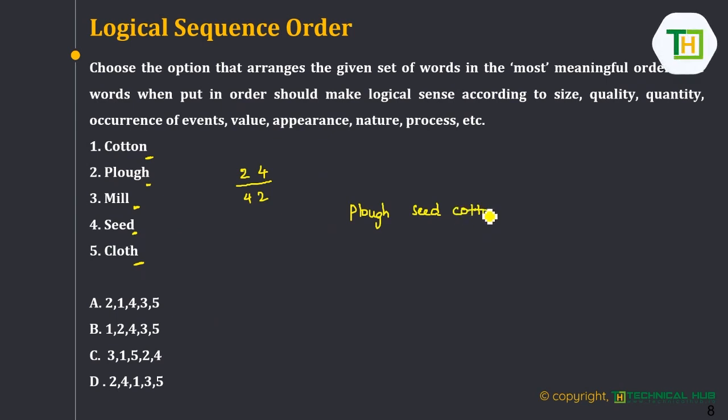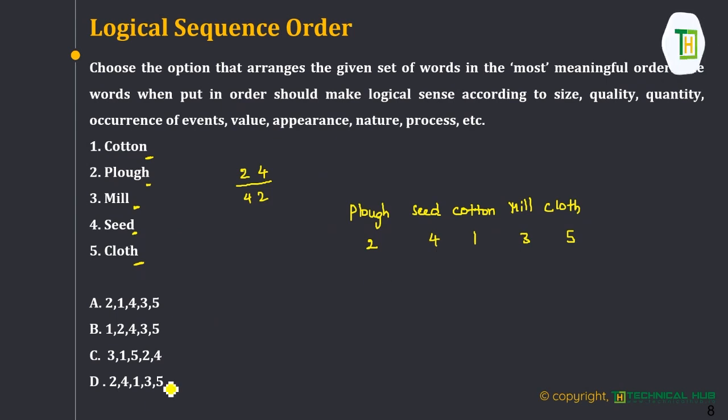Next you will send it to the mill. So cotton goes to the mill, and after that it is converted into cloth. The plough is the second one, seed is the fourth one, cotton is the first one, mill is third, and cloth is fifth.